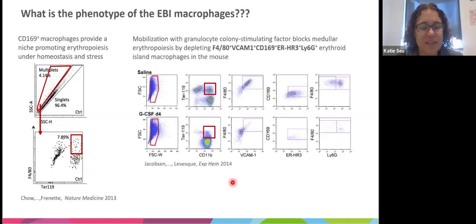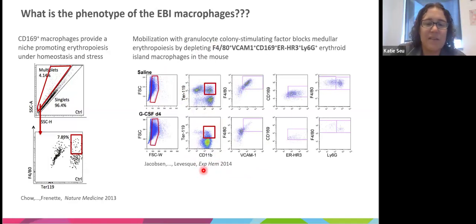Another group, Levesque's team, published an even more elaborate immunophenotyping scheme where they used a similar approach and used the large cell clusters rather than the single cells, and a marker for TER119 again for the erythroids, and this time CD11B, with the assumption that the macrophages being monocytic derived would have CD11B on them.